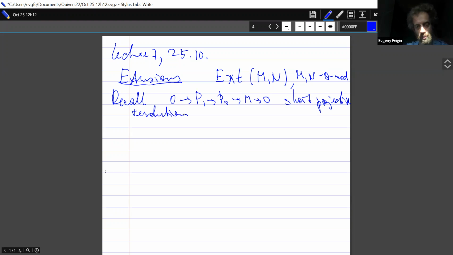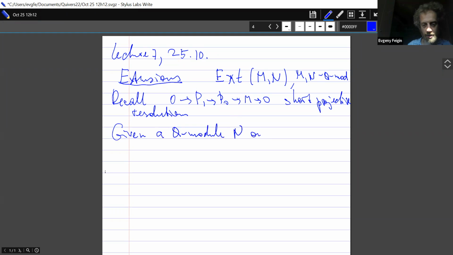P0 and P1 are projective representations, which can be constructed in a very concrete way. Now, given Q modules M, N, one obtains the following sequence.